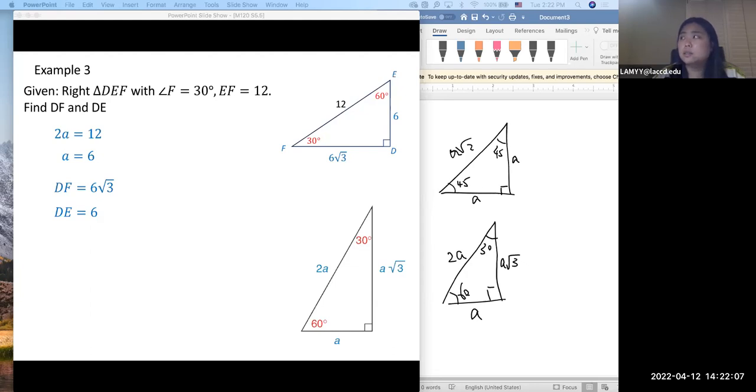Okay, right? Every time if I give you guys this kind of question, try to write down your special triangle with all this information first, and then try to compare side by side. First, figure out the A, and then you should be able to find out the rest of the sides here.